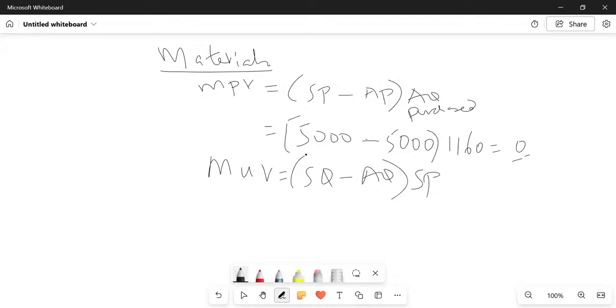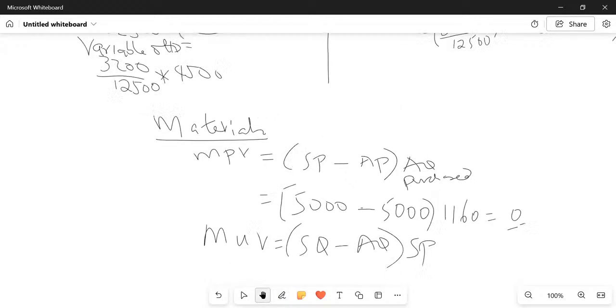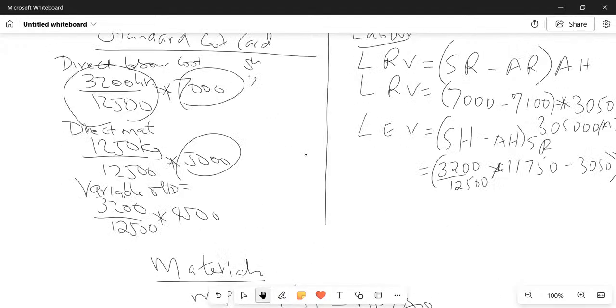Which the sister has been able to write as a formula there. It will take standard quantity per unit times actual production. So standard quantity, already we have this. This is the standard quantity here.